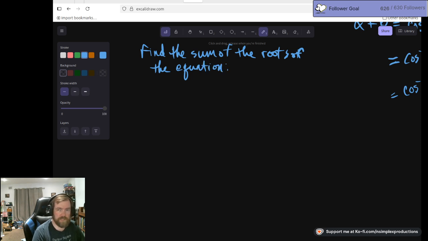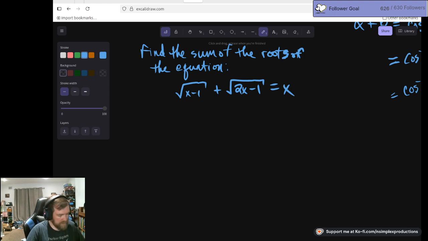Find the sum of the roots of the equation: root x minus 1 plus root 2x minus 1 is equal to x. Now this is a lovely example of what's called the P versus NP problem. What we have here is telling us that we need to find the sum of the answers for the question.